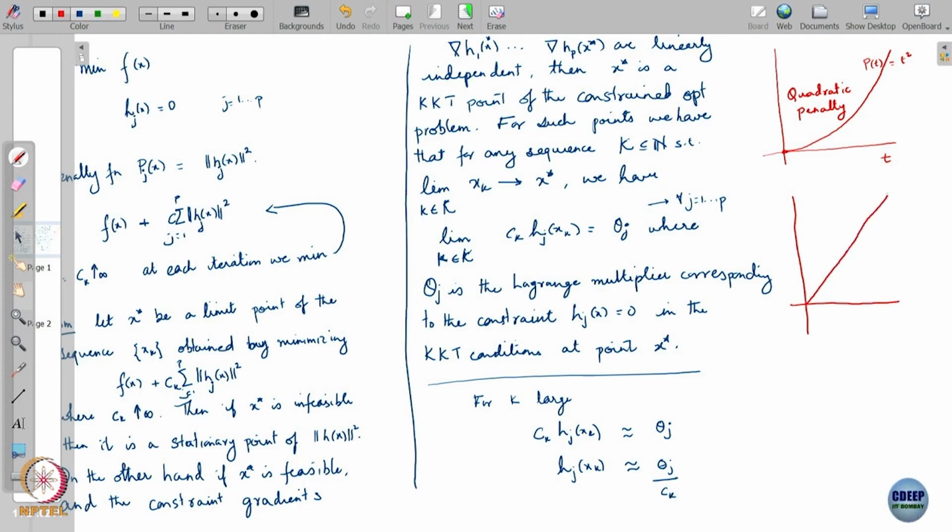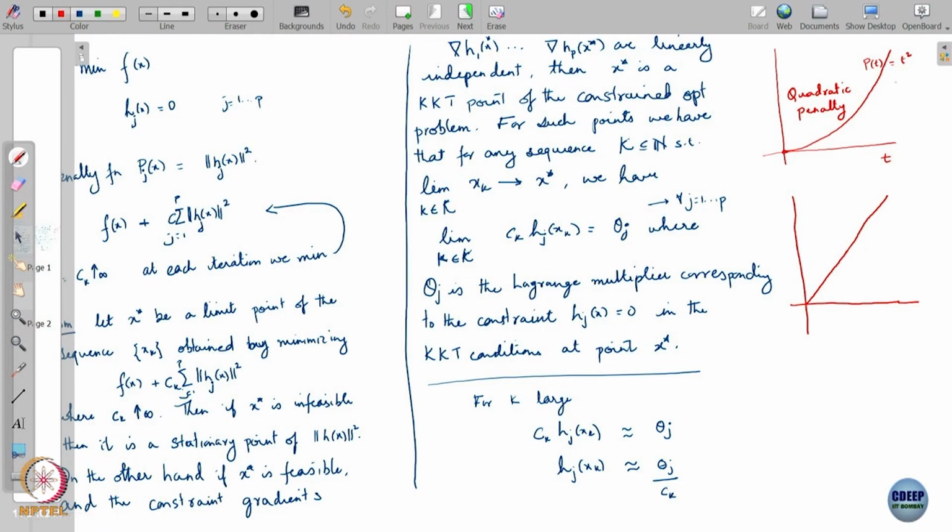Now, the absolute value, being linear, will not penalize as severely as the quadratic, because the quadratic penalizes in a much more dramatic way for larger values.